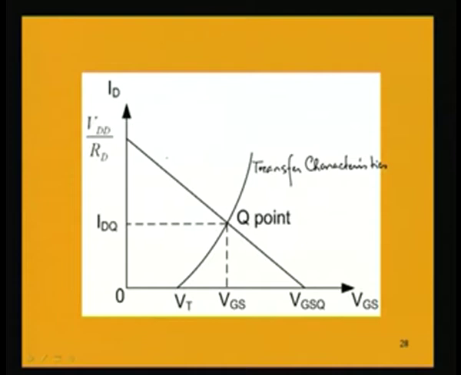This straight line is drawn by just connecting the two extreme points, which are given by VDD by RD, the value ID maximum, and this is VDD.